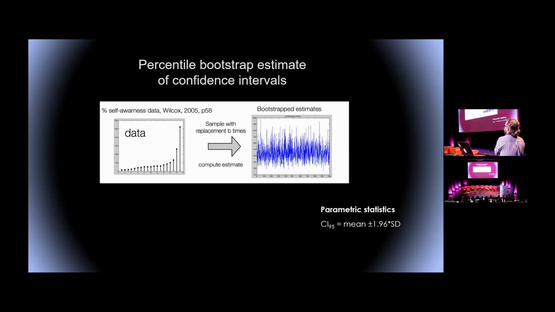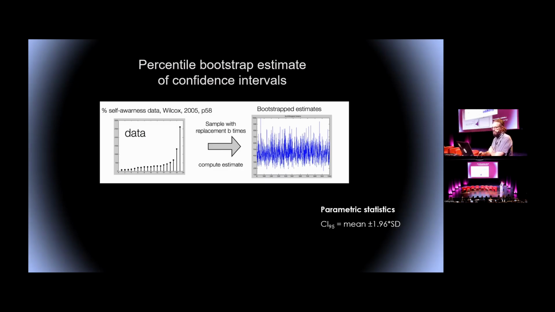So what we do is we sample with replacement, and we compute an estimate. Sampling with replacement means we take 1,000 values here, and every time we take a value, we put it back. These are our bootstrap measures. Every single dot here is a bootstrap estimate. We draw randomly from the data, compute the value, draw again from the data, compute another value. And you see they're all over the place.